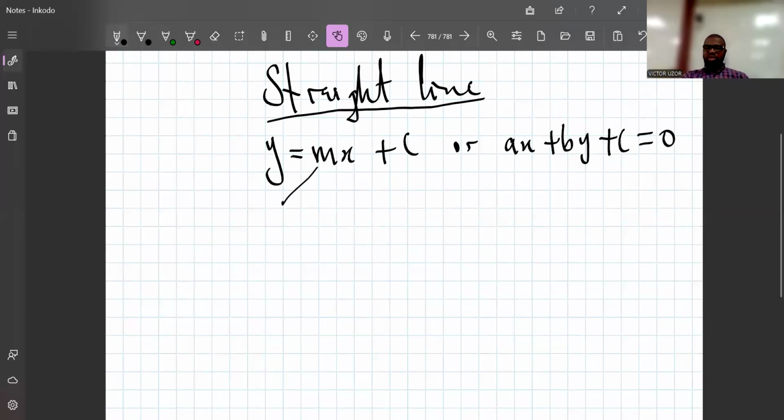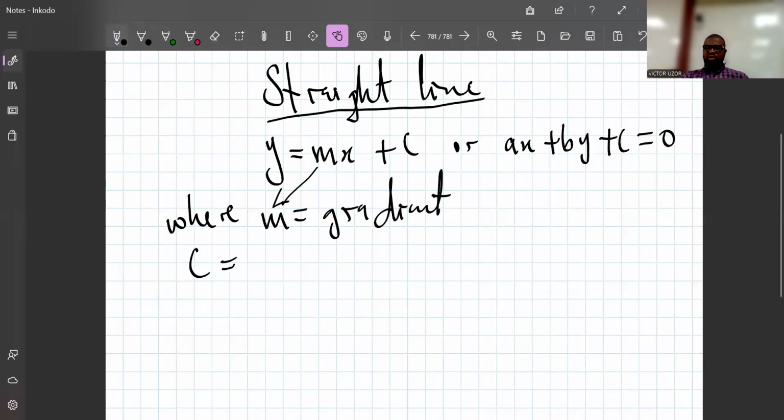So in this one, m is gradient and c is y-intercept. The word intercept means where the line crosses the y-axis. That is what the c is. So that is when it's in this format.